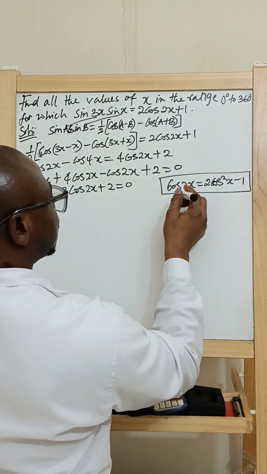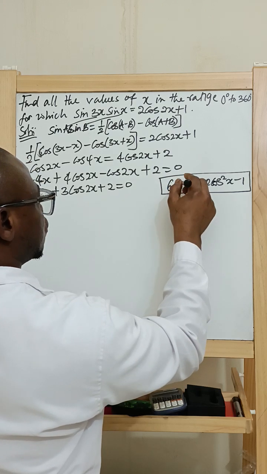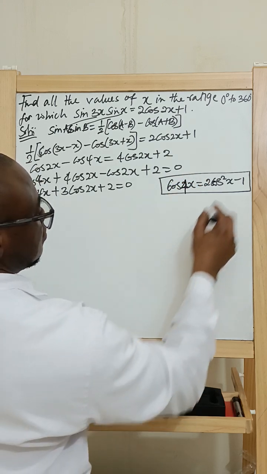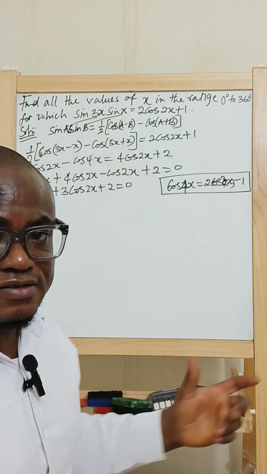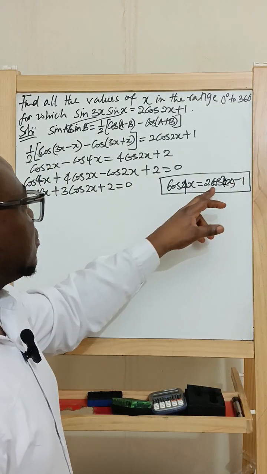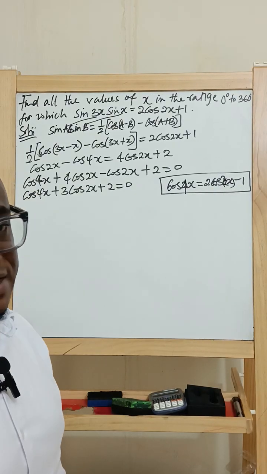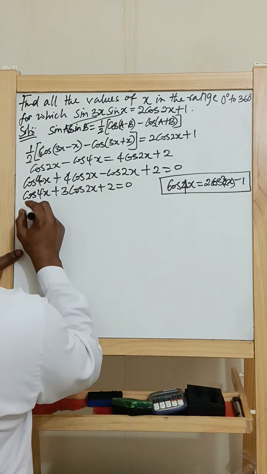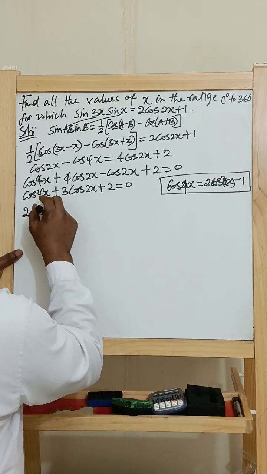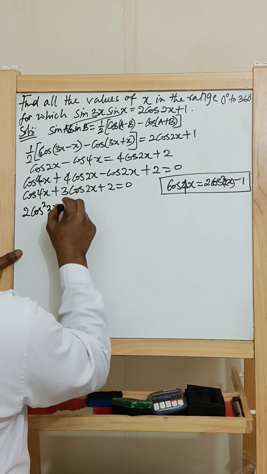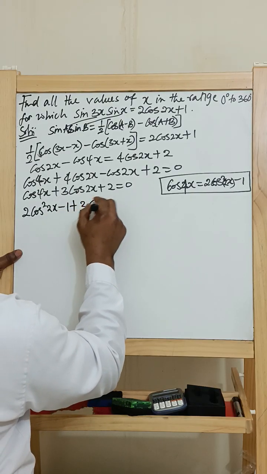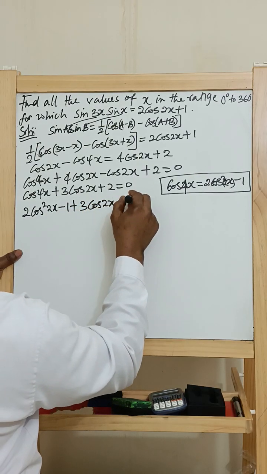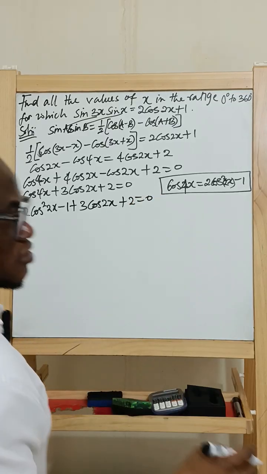If x is multiplied by 2, that is 4x, of course this x is going to be 2x. So cos 4x can be written in terms of cos 2x. So this is 2 cos squared 2x minus 1, plus 3 cos 2x plus 2 equals 0.